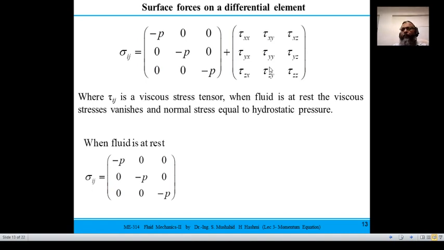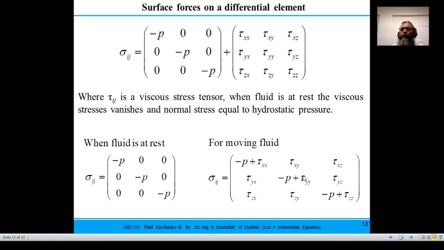In contrast, if the fluid element is moving, it has a normal component as well as a tangential component, because the fluid is something which cannot sustain the shear stress. So your stress tensor would be a combination of the normal and the tangential part.